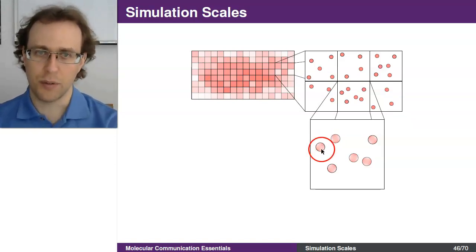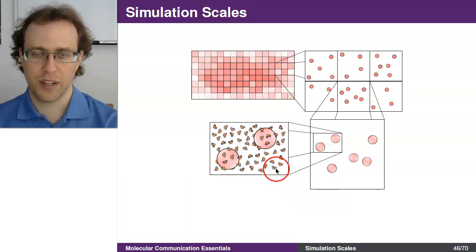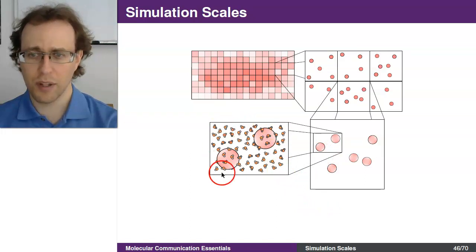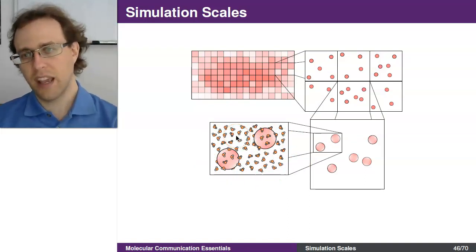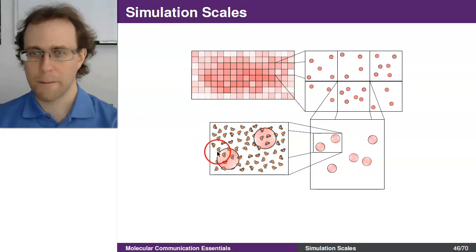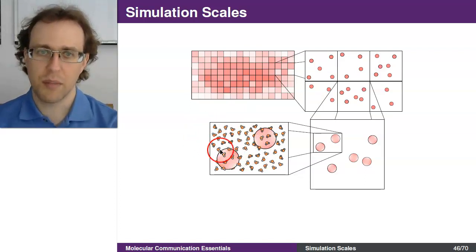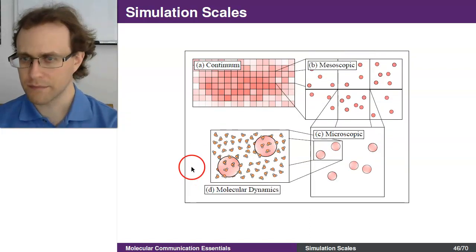But if we do want to include the background solvent, then we can go down to molecular dynamics. So here's where we actually consider the solvent molecules, such as water, if we're in some kind of aqueous solution. And we would actually track and calculate the trajectories and collisions of all of the molecules in the system, the signaling molecules of interest, as well as the solvent and any other reactants or any other molecules that are present.